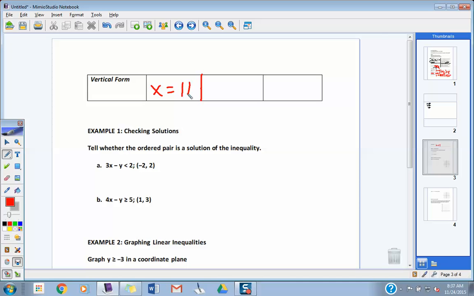So you're going to start at whatever the number is on the x-axis, and then you're going to draw a line that's up and down.